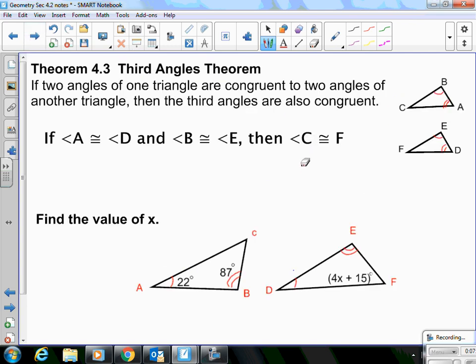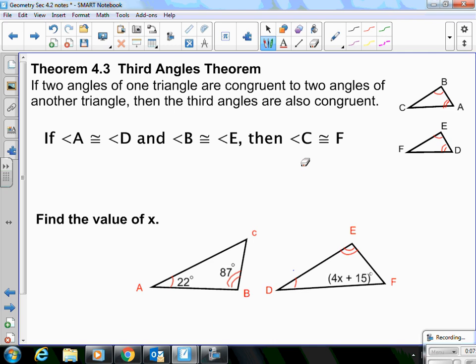All right, so Theorem 4.3, known as the Third Angles Theorem, says if two angles of one triangle are congruent to two angles of another triangle, then the third angles are also congruent. So basically, if we know that two angles of one triangle are congruent to two angles of another triangle, then the third angles have to be congruent because we know that every triangle adds up to 180 degrees.